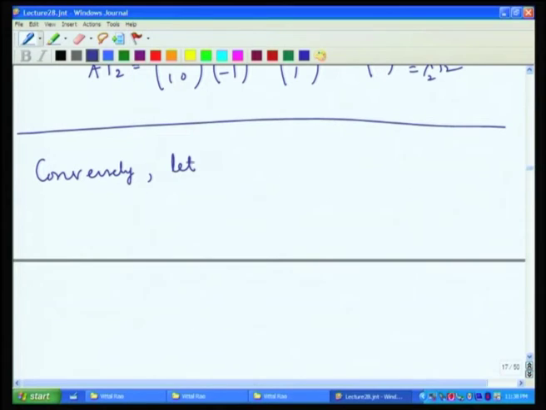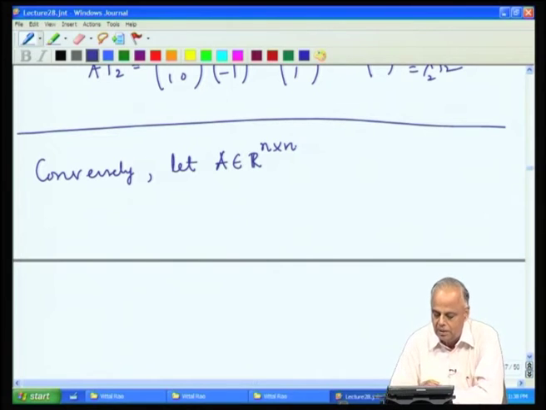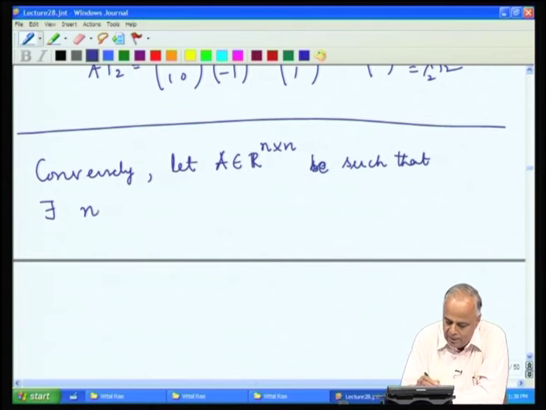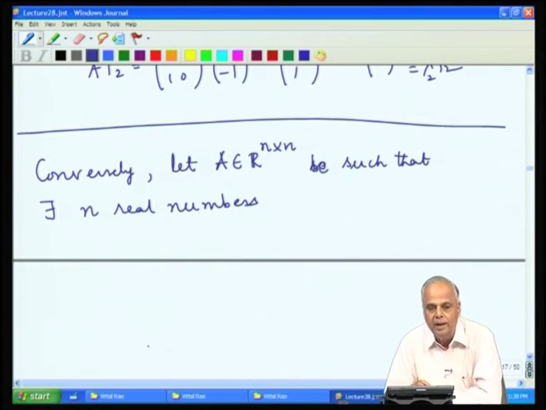let A belong to the real n by n matrix class be such that there exist n real numbers. Previously we assumed diagonalizability and proved the existence of these numbers.